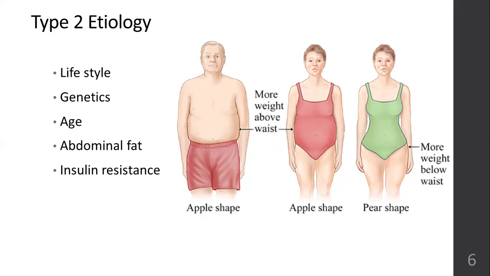Then genetics, grandparents, parents who suffer from diabetes, the third generation will also have an increased risk of developing diabetes. Then age, it's usually any person, woman or man, about the age of 45, the risk of developing type 2 diabetes increases. And abdominal fat, I have mentioned earlier, apple-shaped body.